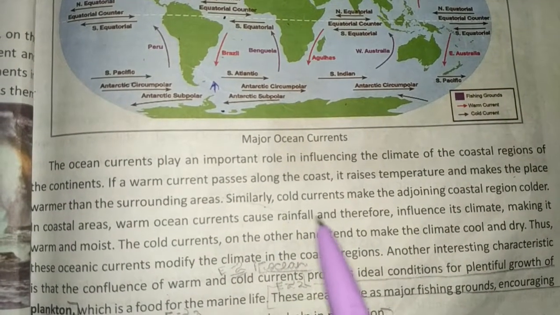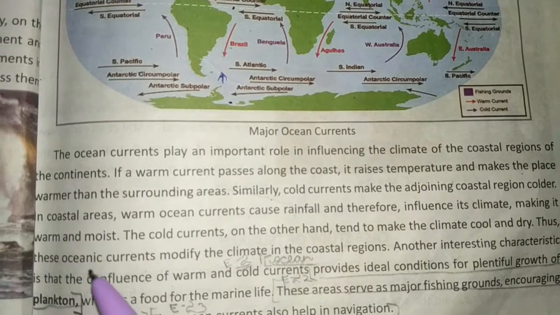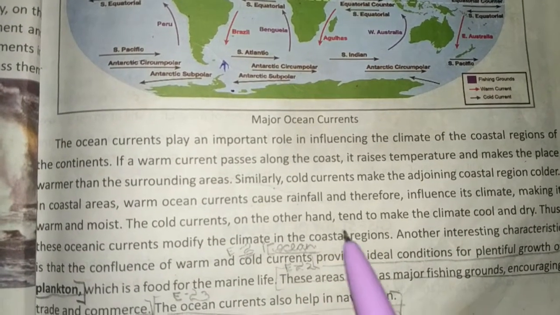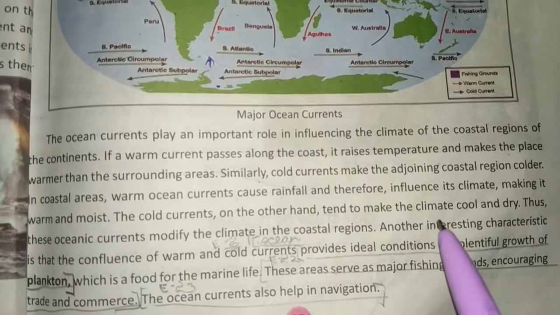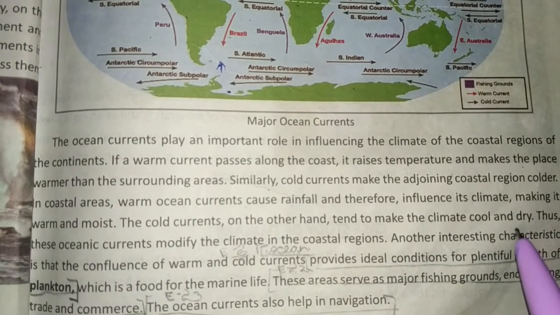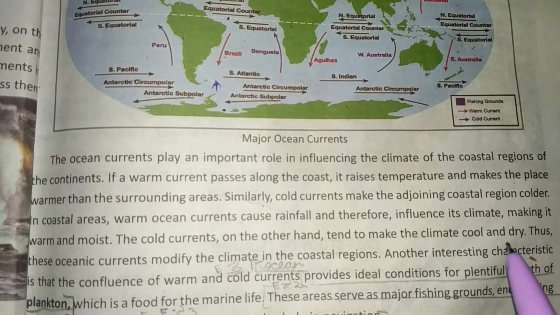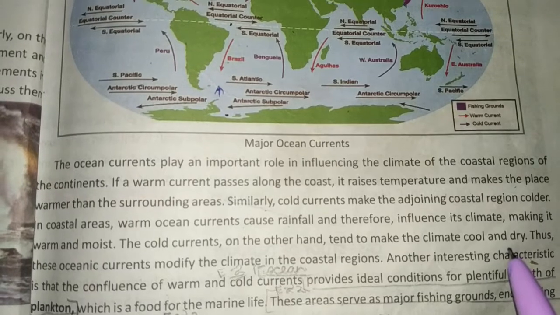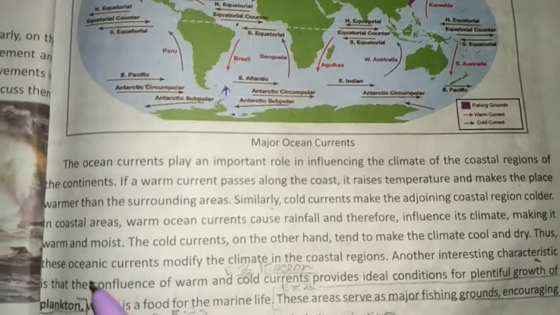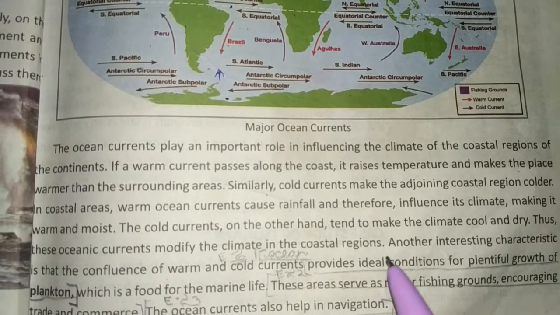Warm currents cause rainfall and therefore influence the climate, making it warm and moist. The cold currents, on the other hand, tend to make the climate cool and dry because they are colder as compared to the warm current. Thus, these oceanic currents modify the climate in the coastal regions.